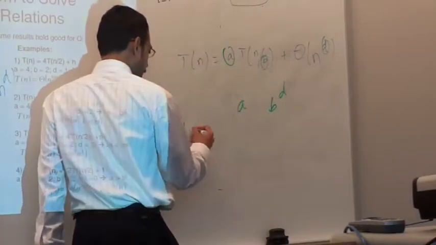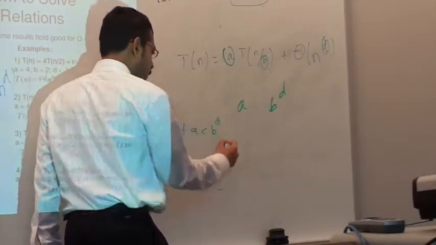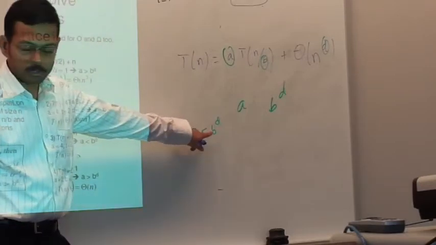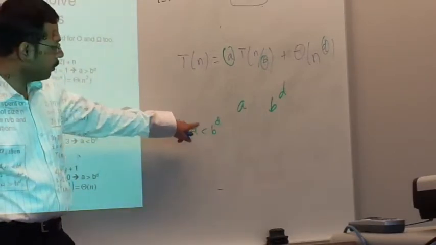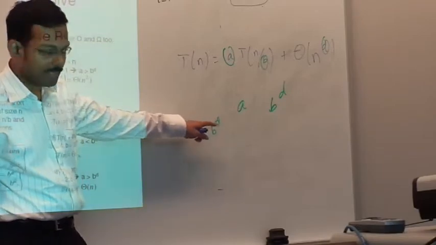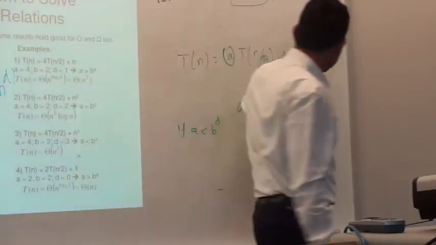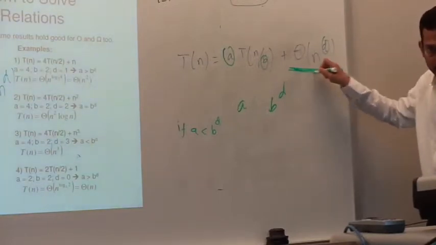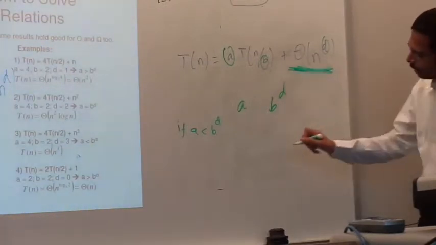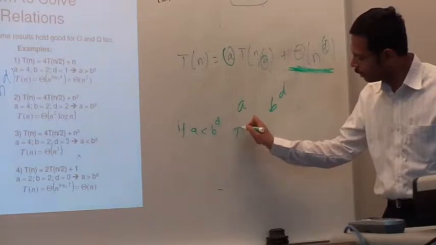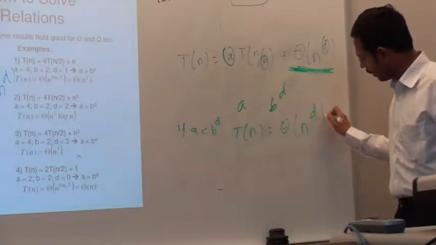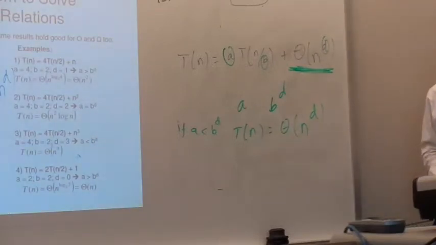So what does it really mean? You can say B raised to D is the more dominating term compared to this one. Where is D here? D is here, the time to combine the solutions. So this is more dominating. So if A is less than B raised to D, we can say T of n is simply theta of n raised to D. Right?